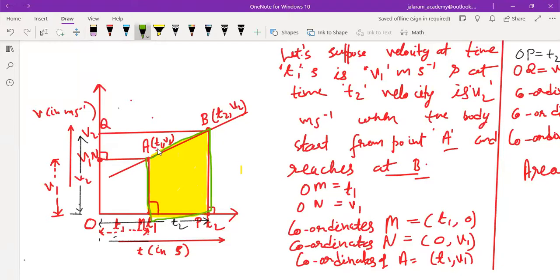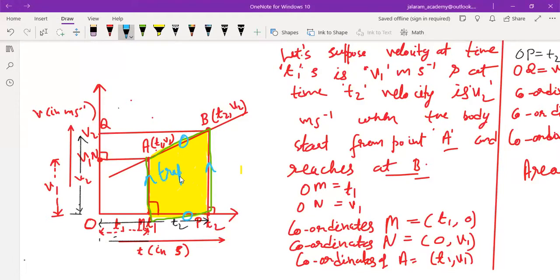And which type of quadrilateral is this? In which two sides, AM and BP, are parallel to each other, and the other two sides are not parallel. You all must know that it's a trapezium.